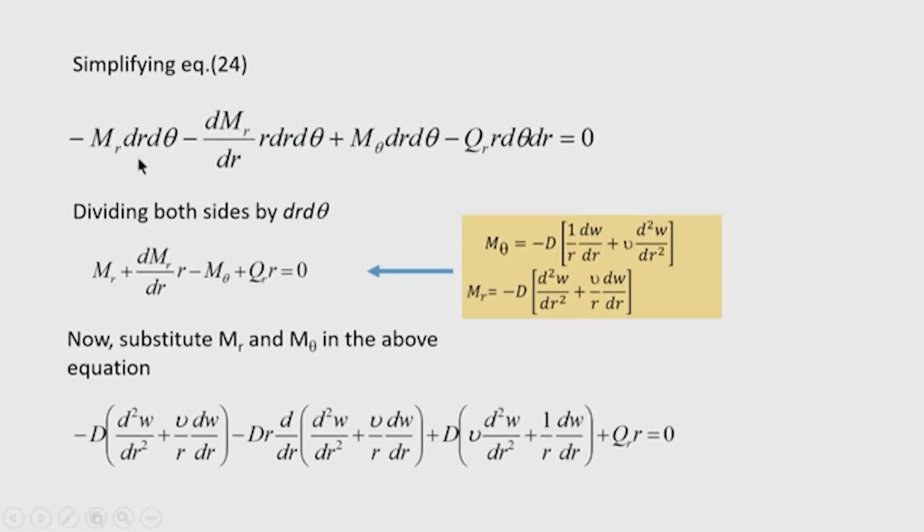So, simplifying this, we write m r d r d theta minus d m r by d r into r d r d theta plus m theta d r d theta minus q r r d theta d r equal to 0. Dividing both sides by d r d theta, we ultimately get m r plus d m r by d r into r minus m theta plus q r into r equal to 0. Here q subscript r indicates the radial shear along the edges.